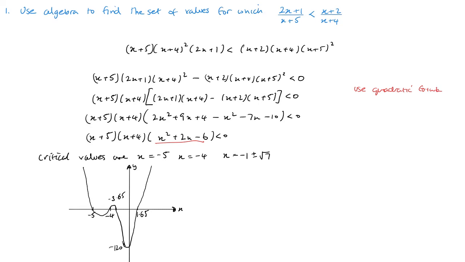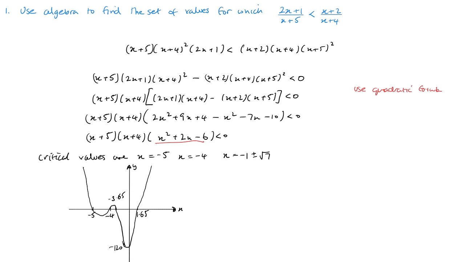So now I've got a rough sketch. I know my sketch is pretty bad here, but it's just to show you. So when the graph is less than 0, that's what we want. So when it's underneath 0, it's between minus 5 and minus 4.